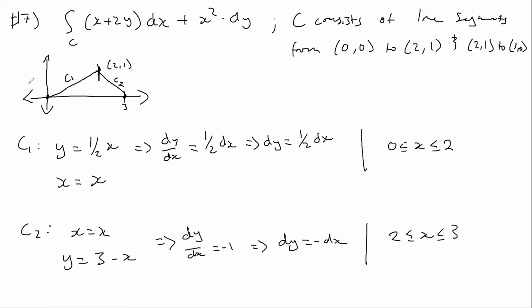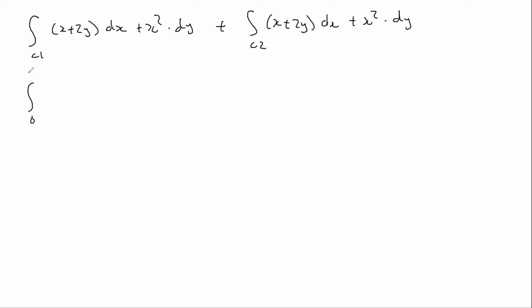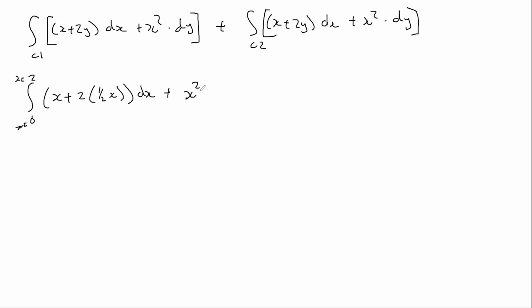For C1, we're bounded between 0 and 2 for my x values. x is going to stay the same, however y is going to be 1/2 x, so we have 2 times 1/2 x right there. dx stays the same, so let me just separate these 2 integrals. We have this added to x squared, so x stays the same, multiplied by, oh wait, I'm missing something.